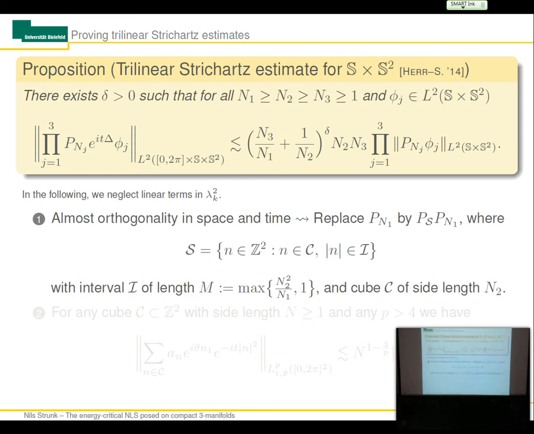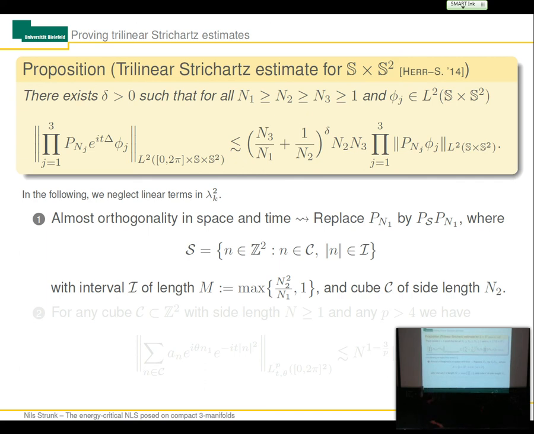Now, again, we neglect these linear terms in lambda k squared, so for the eigenvalues. It doesn't matter at all. And this time, the situation is a little bit different. The eigenvalues are just, this time it's only 2-dimensional. So again, we have this very big annulus N1.